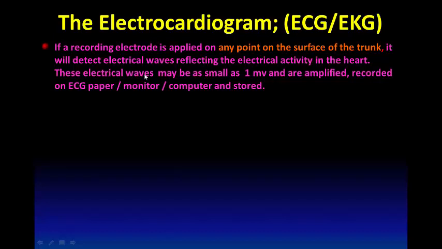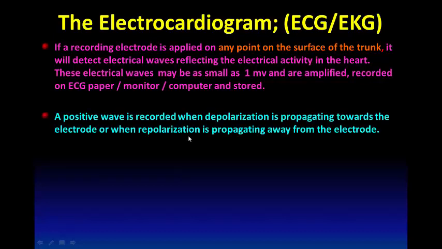These electrical waves may be as small as 1 millivolt, and thus we can amplify them in order to see them well, and we can record them on an ECG paper or on a monitor or on a computer, and we can store them.